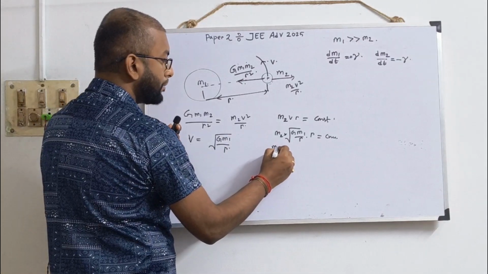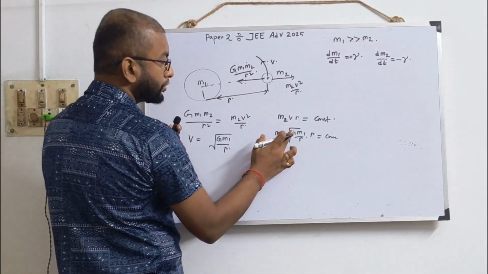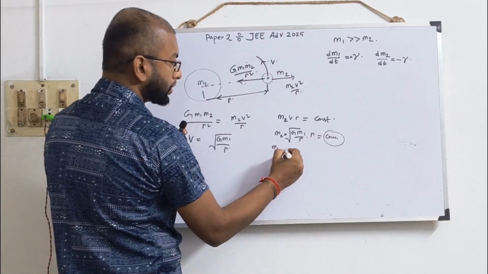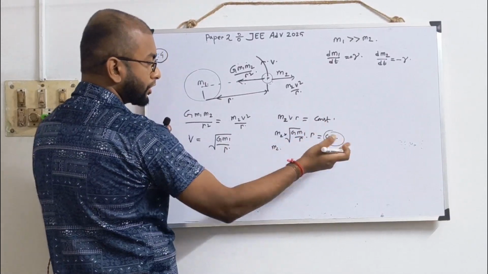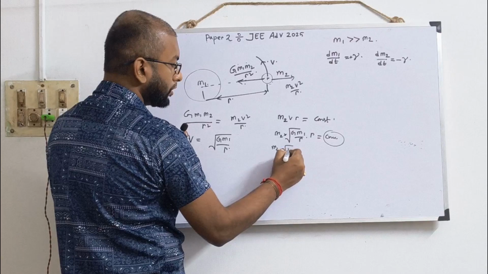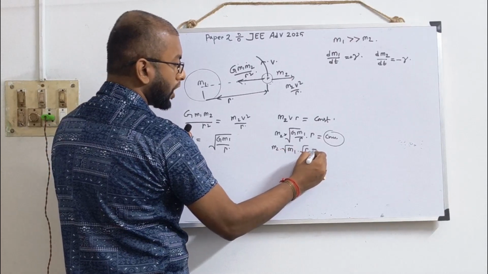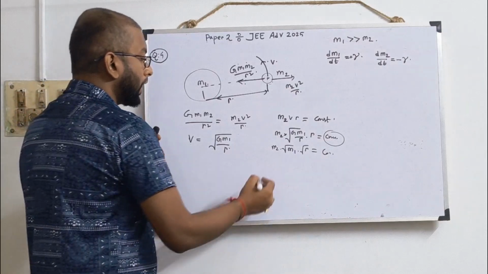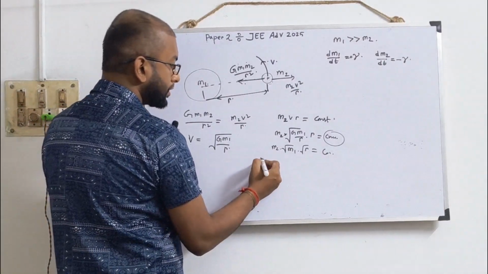So I can write m2, G is a constant term, so we'll make another new constant, dividing the constant by root over G, so it will be constant. So m2 into root over of m1 into root over of R, that is constant. So I can take log on both sides.